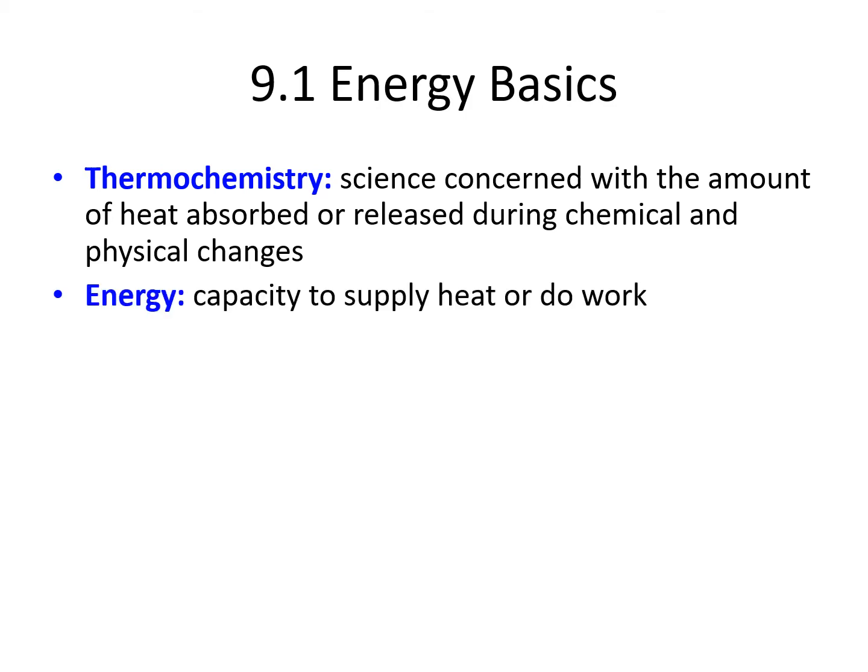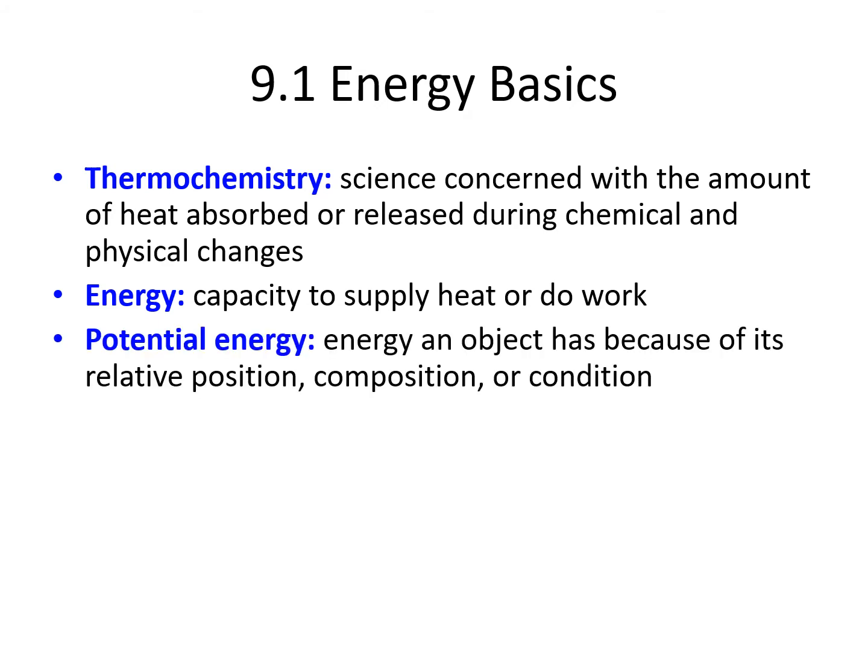So energy is the capacity to supply heat or do work. We're going to look at an equation a little bit later in this chapter that has heat and work as variables in it. And both of those are just different forms of energy. There are two main types of energy, potential energy and kinetic energy.